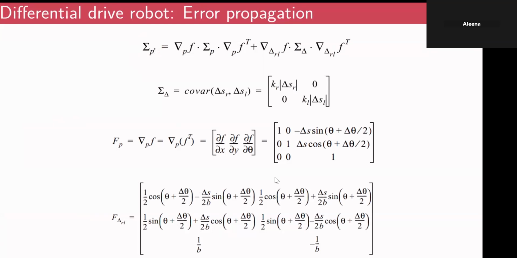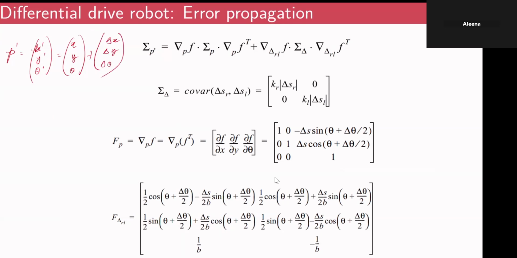Earlier we estimated this p dash, which is nothing but x dash, y dash, theta dash, as a sum of the previous estimate x, y, theta plus the contribution due to the inputs, delta x, delta y, and delta theta.